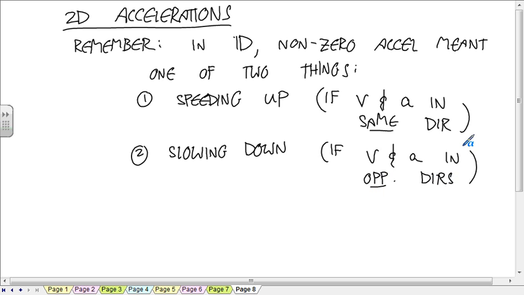But in 2D, there are more possibilities than that. You can have non-zero acceleration where the speed stays the same. And the difference is, in order to have a non-zero acceleration, what you need is to have the velocity change, okay?